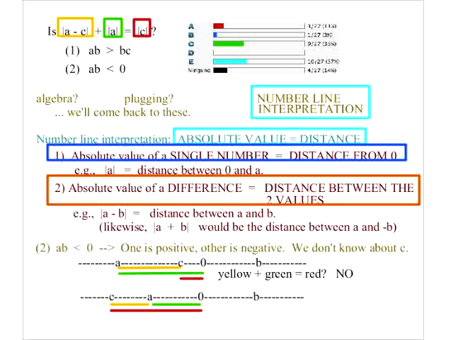So yellow plus green equals red. Here, yes. So this is insufficient. Any questions? Okay, let's try statement 1.